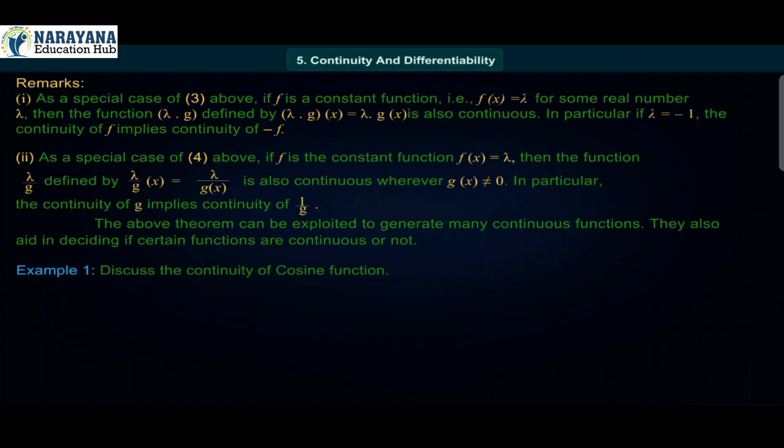Example 1. Discuss the continuity of cosine function. Solution: f(x) = cos x, where x belongs to R. Suppose c is a real number.